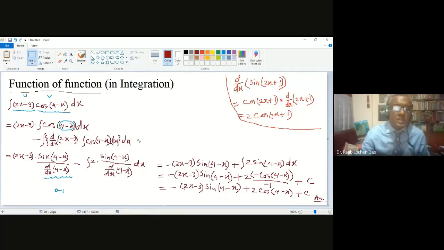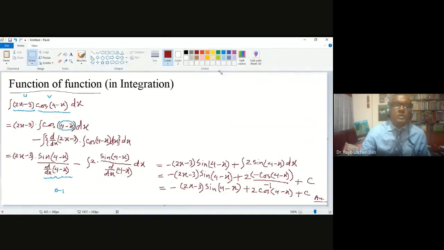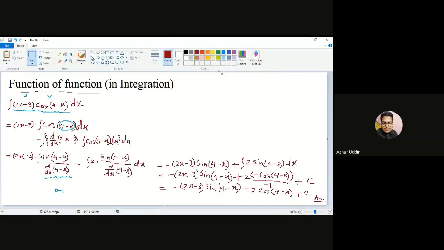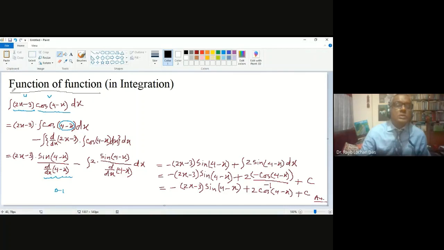So this is another example, which is actually the function of function concept, mixed with the u into v formula. Sir, can I ask one question? Yes, not for this question actually. Sir, we don't have any u by v formula in integration, isn't it? Yes, it is correct.